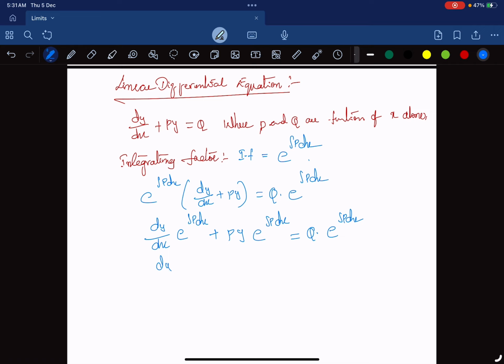So dy by dx e power integral of p dx plus y times d by dx of e power integral of p dx is equal to q into e power integral of p dx.